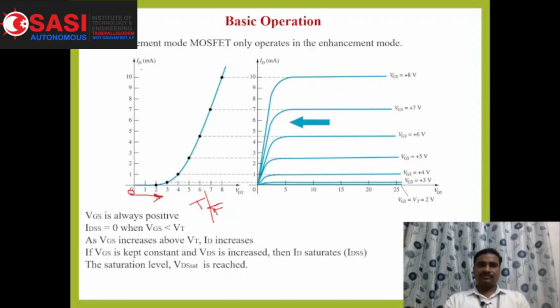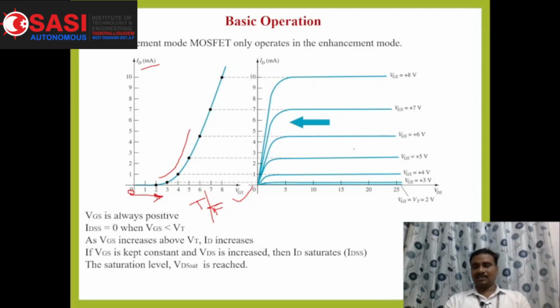As we increase VGS beyond the threshold value, that is 2 volts, IDS starts flowing through the device. Then it reaches a maximum value at some value of VGS. So this is the gradual increment of drain to source current as VGS increases.